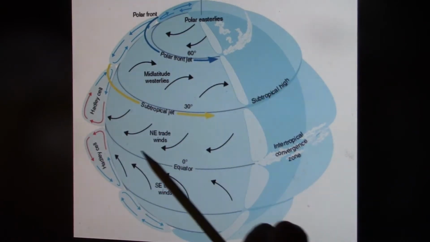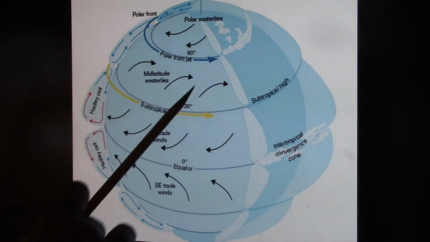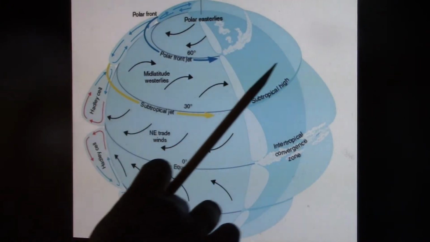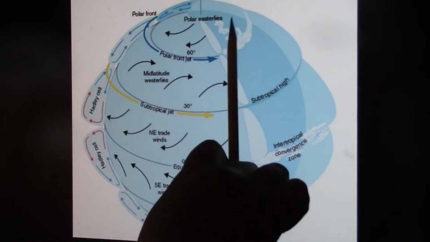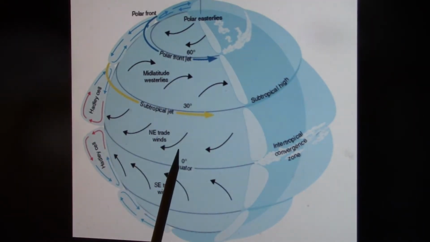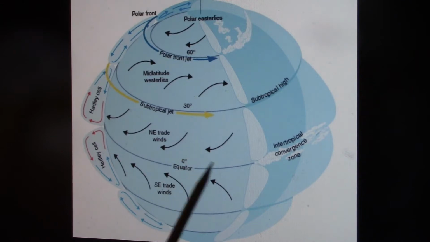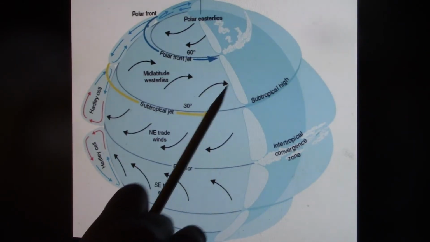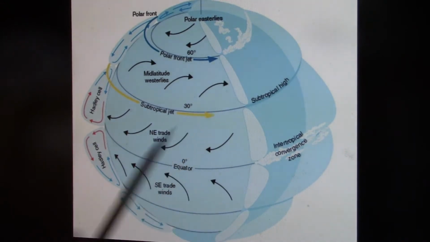So one direction is going to go this way, and another, because of that spin and the angle, it's going to turn to spin this way, and again it's going to turn and spin this way. So this and this will be parallel to each other, and this will be parallel to each other too. Pretty important for international travel, if you want to go through this without too much turbulence.